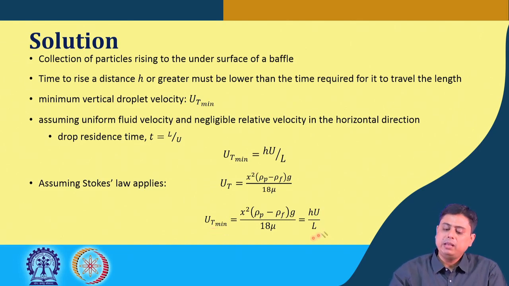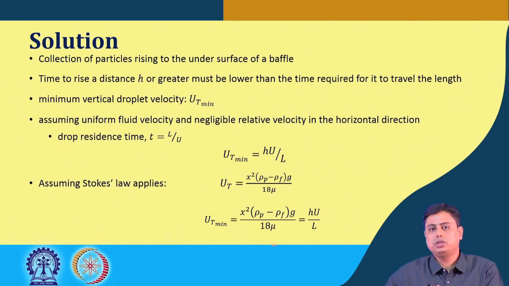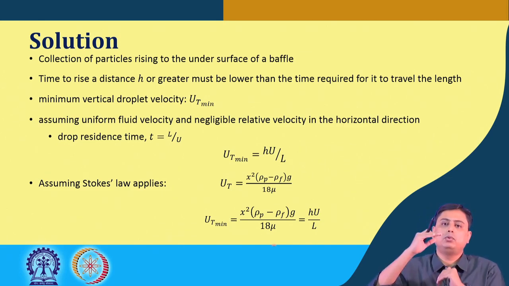So, this is the minimum criterion to have 100% collection efficiency, that all particles, irrespective of their initial position, should have this much minimum ut to come to the height h.